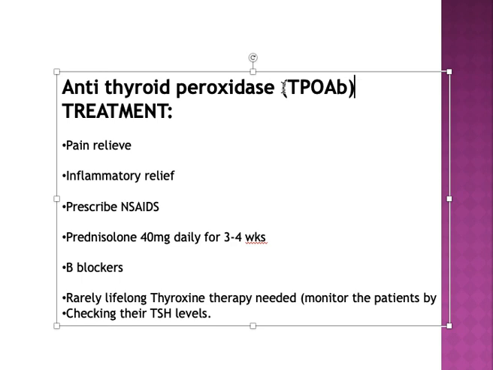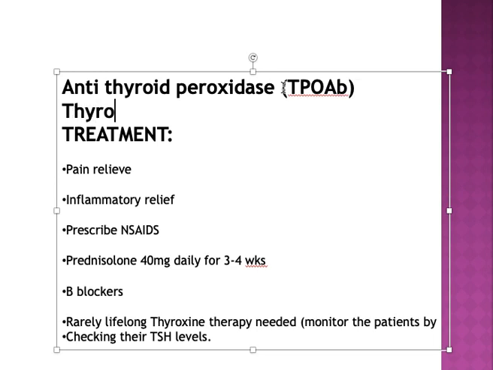Sometimes thyroglobulin antibodies are also present in the blood, which are also written as TGAB, thyroglobulin antibodies. Simply, these antibodies will keep on circulating in the blood and are going to damage the thyroid.